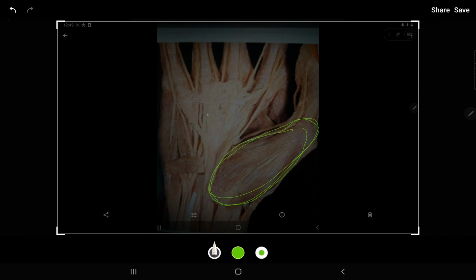And what is this? This is the palmar aponeurosis. These structures which I am marking with blue color are your palmar aponeurosis in the cadaveric image, and this is your thenar eminence. This region I am marking with red is your hypothenar eminence.